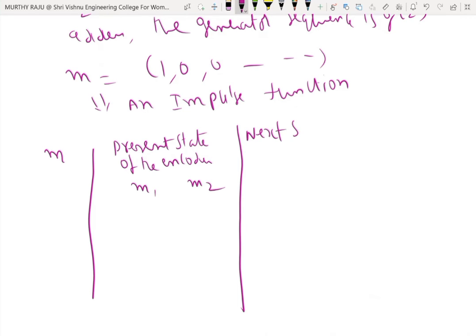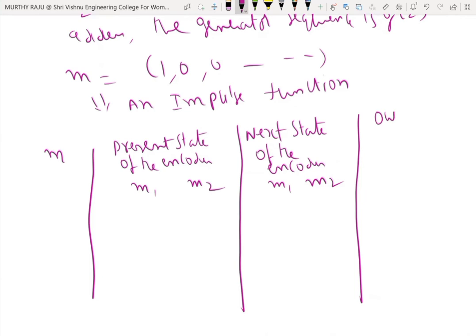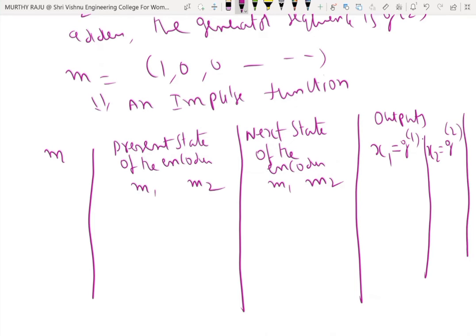Next state of the encoder M1, M2. Outputs: X1 is equal to G of 1, X2 is equal to G of 2.